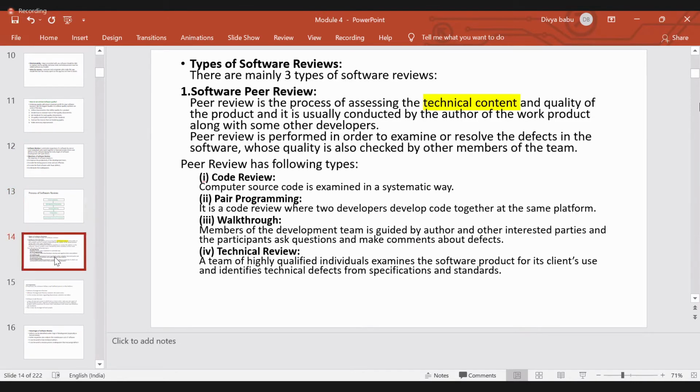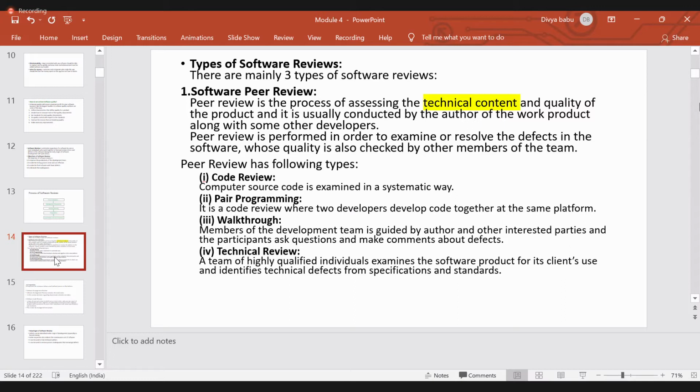What are the different types of software reviews? There are different types of reviews. Software peer review is what we generally do. Only your peer members review your work. Code review, pair programming, walkthrough, technical review all come under this peer review.